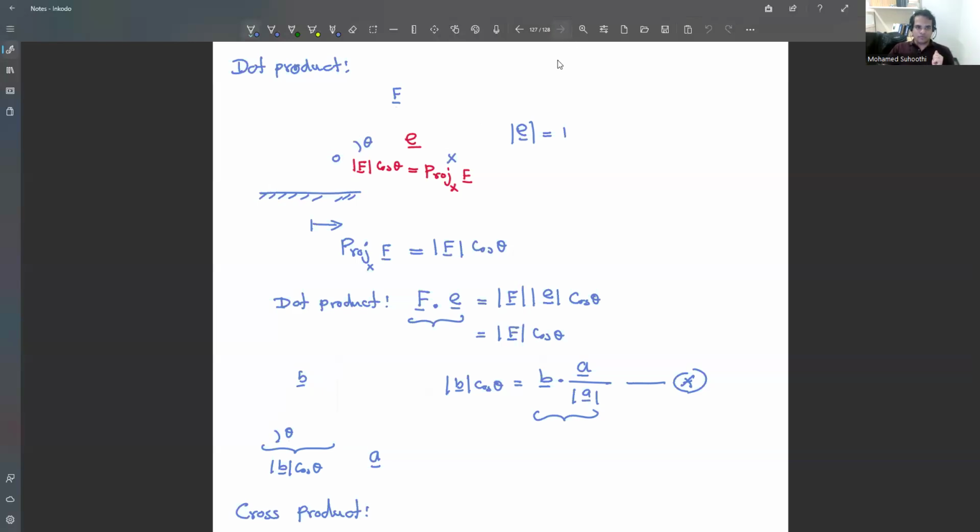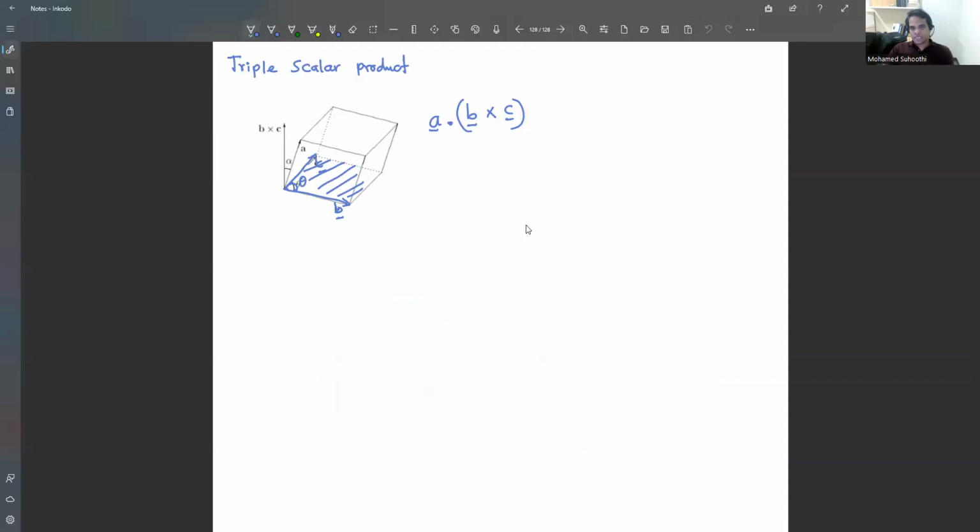Now, B cross C is a vector that is perpendicular to the plane of B and C. Two vectors, B and C, are making a plane, so B cross C is the perpendicular vector to this plane.